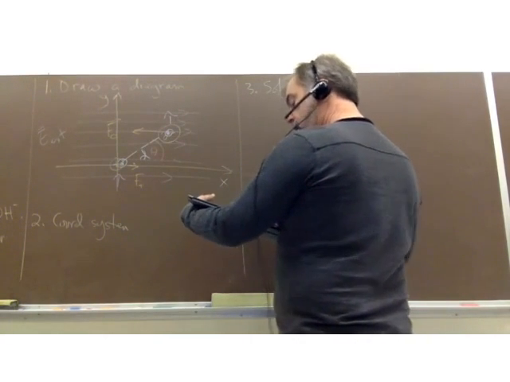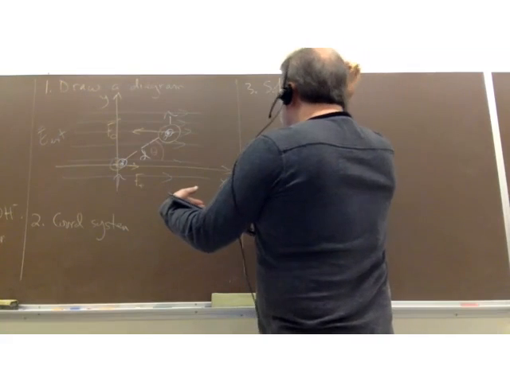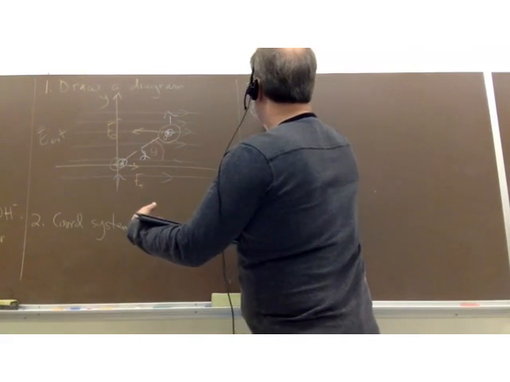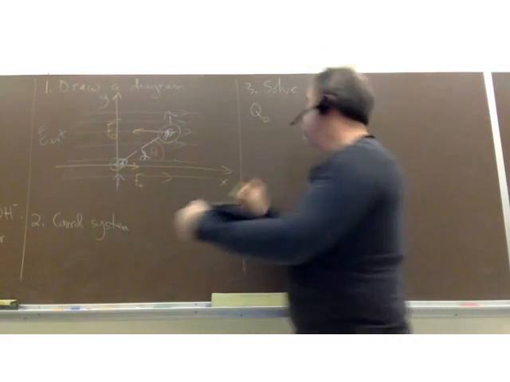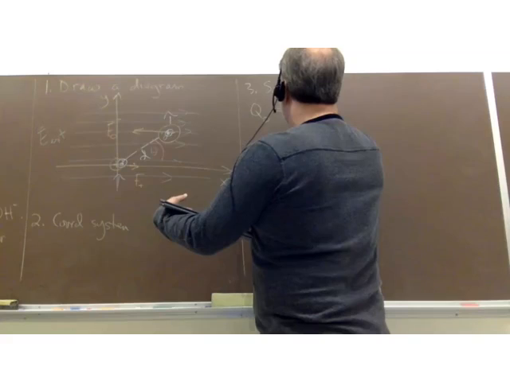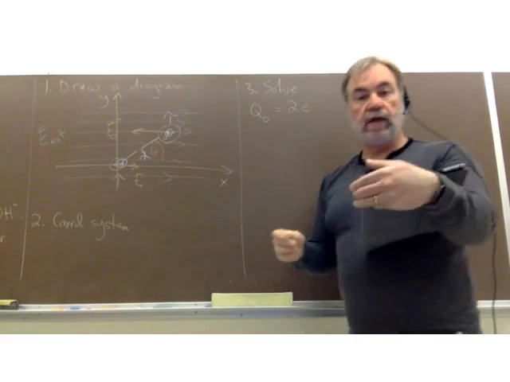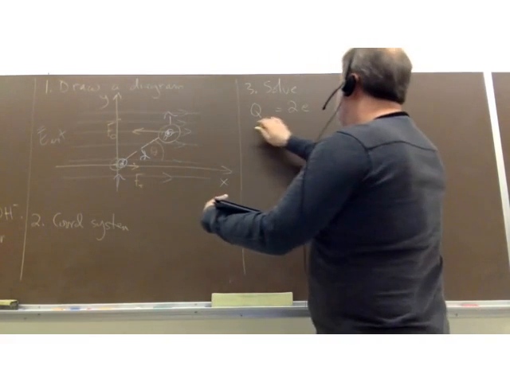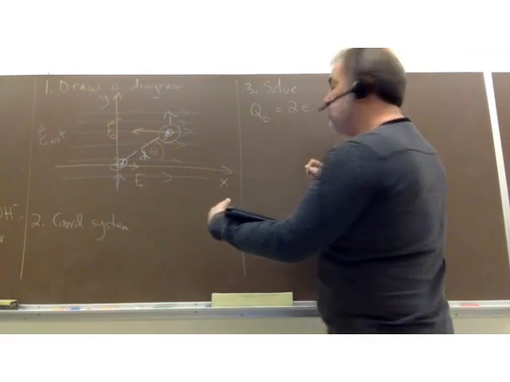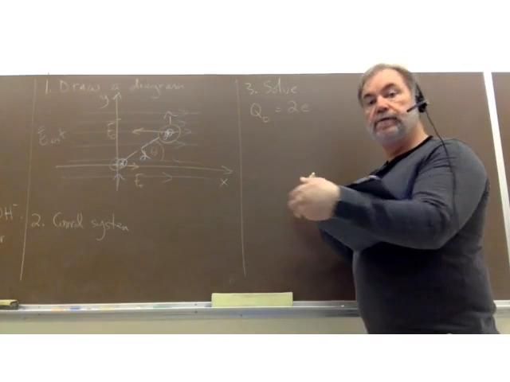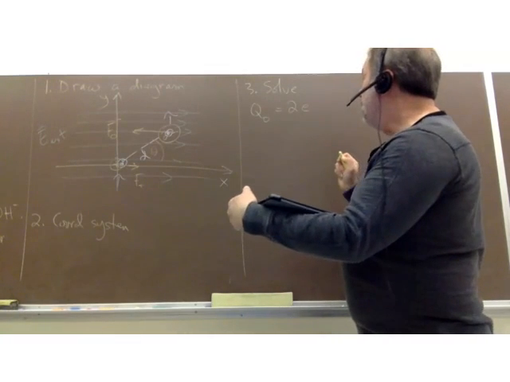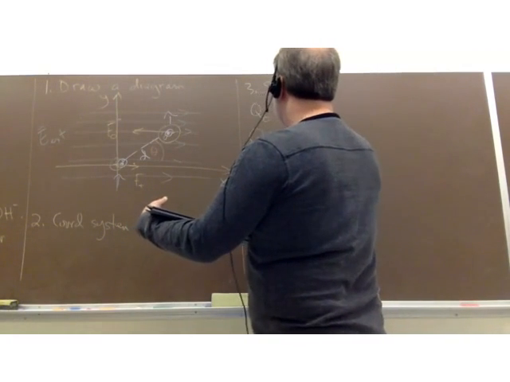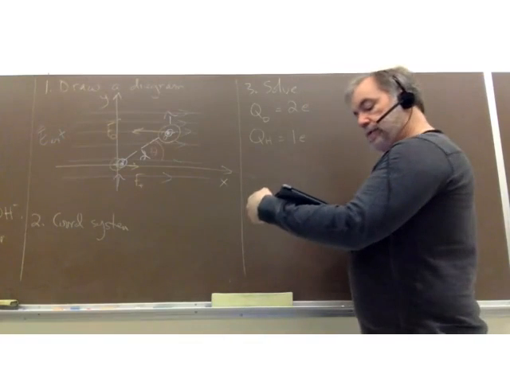So the charge on the oxygen, call that Q sub O, is negative, but we don't have to worry about the negatives here because we've already figured out the directions for the torques, so we're good. So the magnitude of the charge on the oxygen is 2 times the elementary charge, right? Whereas the charge on the hydrogen is just 1 elementary charge.